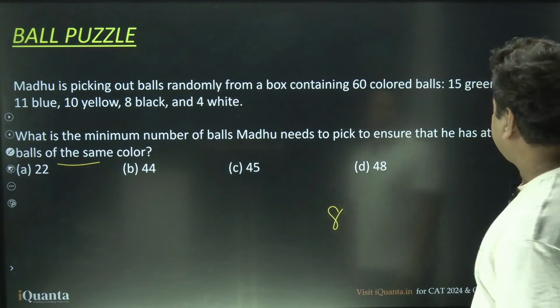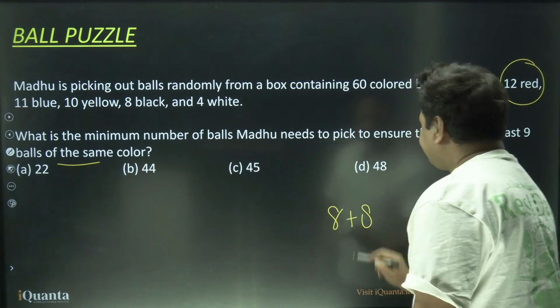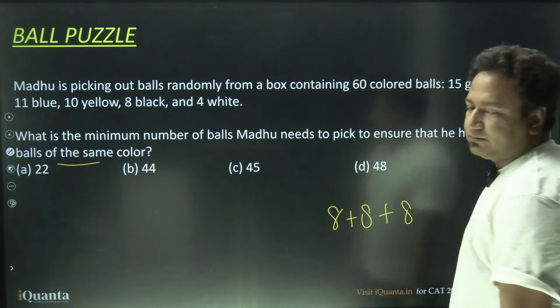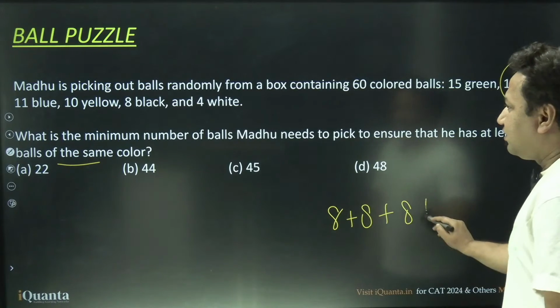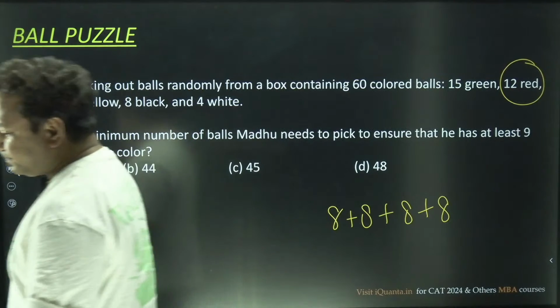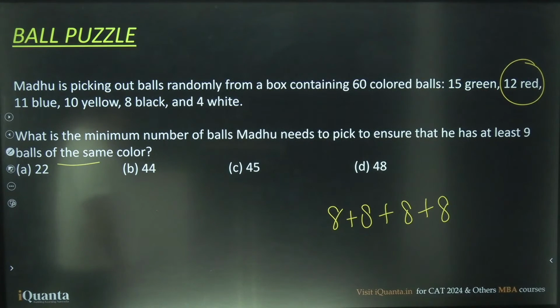Amit, this is the last question. I pick 8 more, all of them are red. I pick 8 more, all of them are blue. I pick 8 more, all of them are yellow. Okay? Right? Maybe it's not like that. That's also possible.